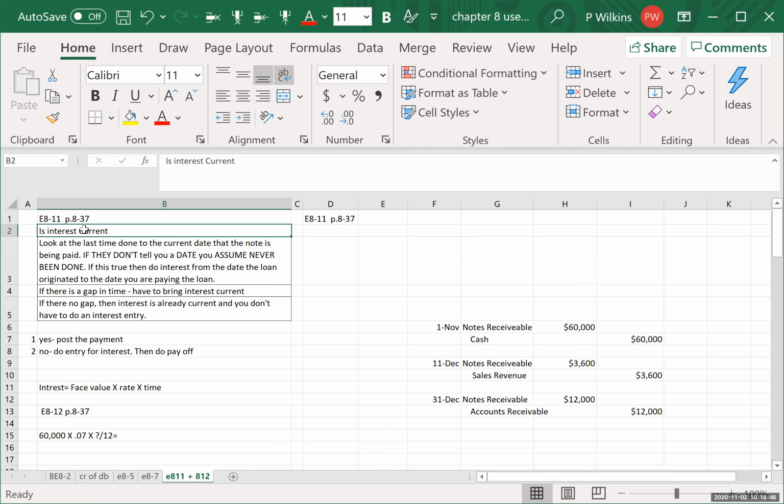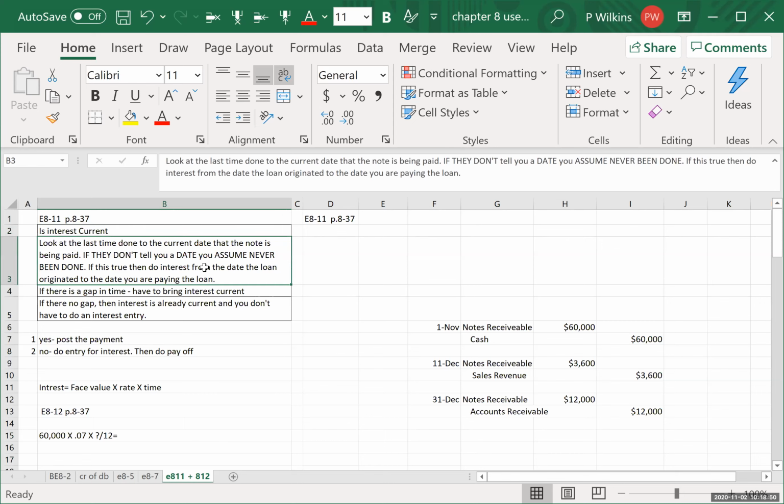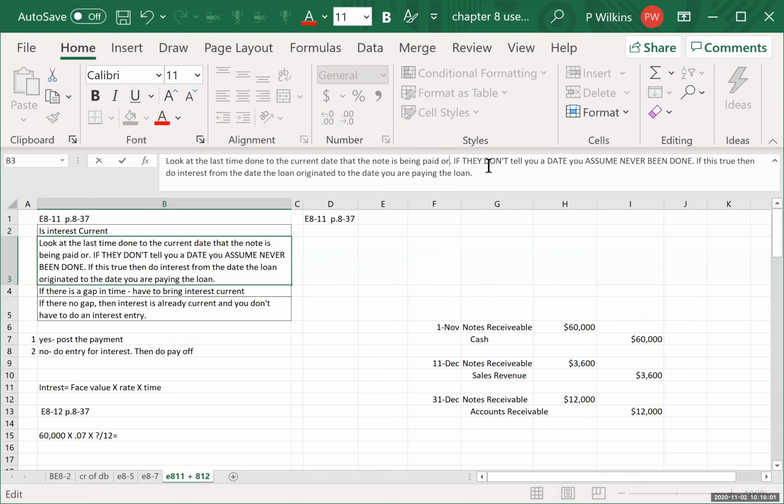First thing we ask ourselves, is the interest current? We look at the last time the interest was done to the current date that the note is being paid, or the date of accrual. If they don't tell you a date, you assume it's never been done.